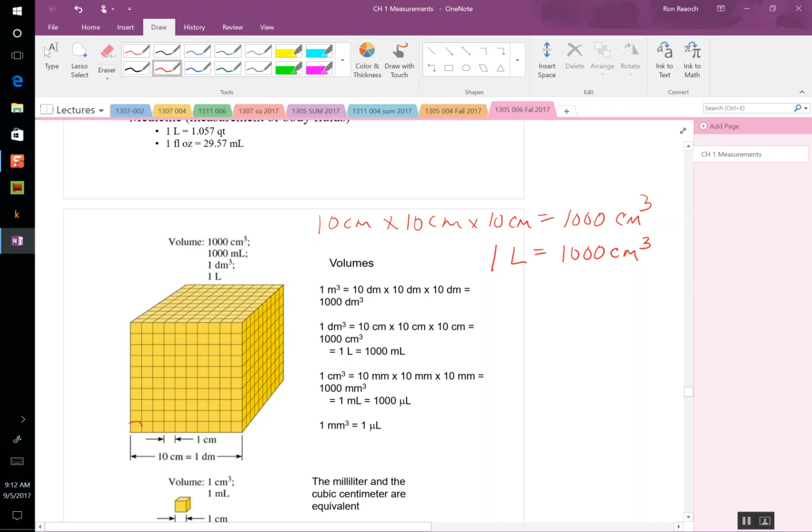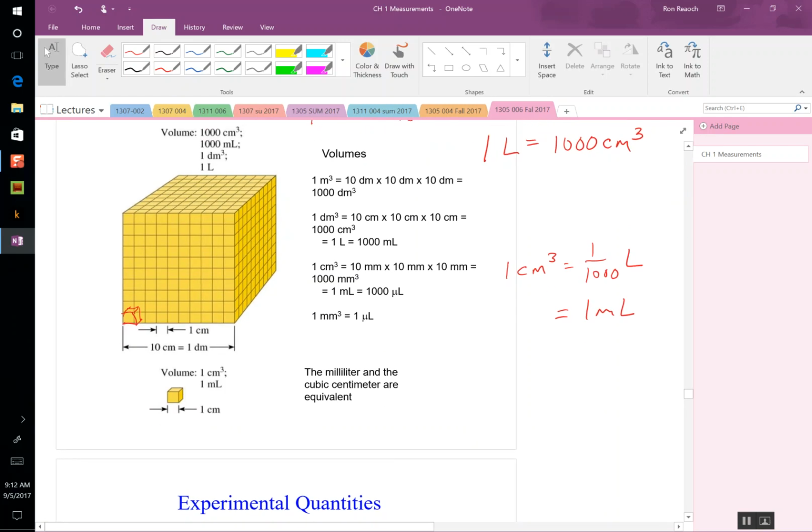So 1 cubic centimeter down here equals 1/1000th of a liter. It equals 1 milliliter. Milli, 1/1000th. So you end up with this equivalence here, that 1 cubic centimeter equals 1 milliliter.